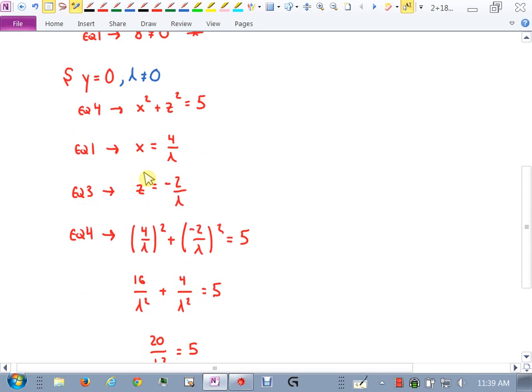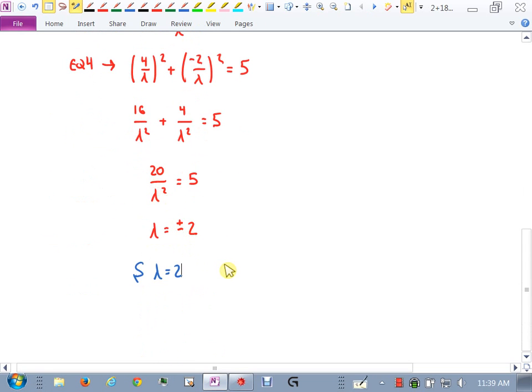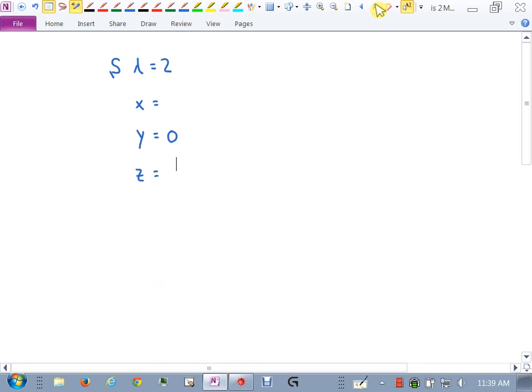So x is going to be 2, and then z is negative 1. Was z negative 2 over lambda? It's negative 2, so I'm dividing by 2. I'm going to do the next lambda in a second.